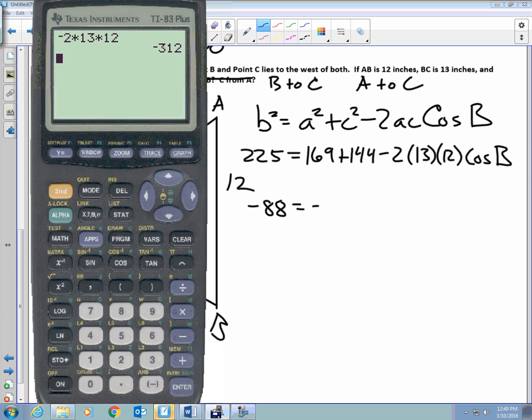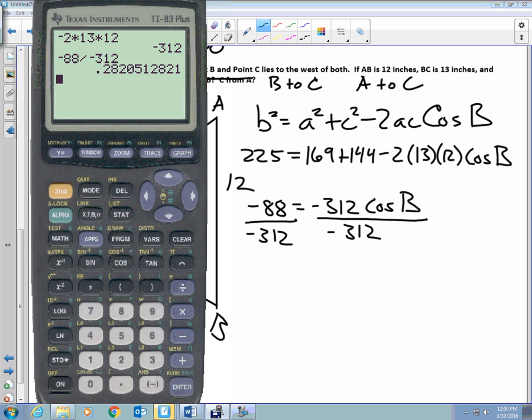I get negative 312. Cosine inverse the answer, 73.62.